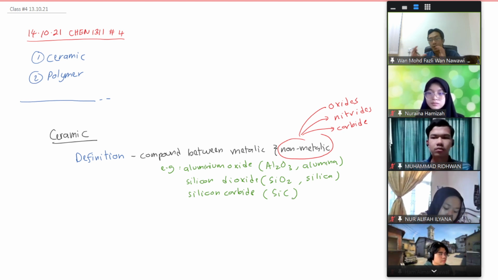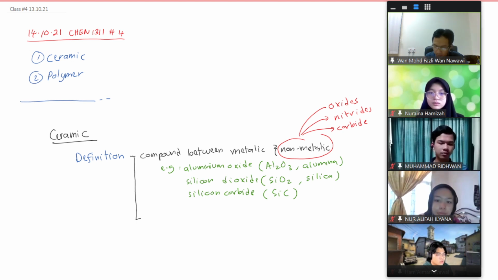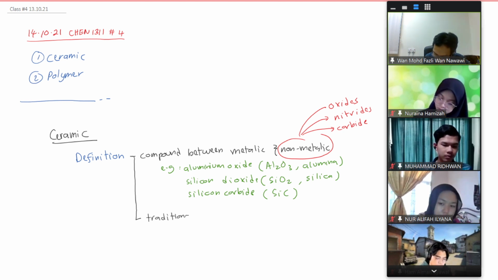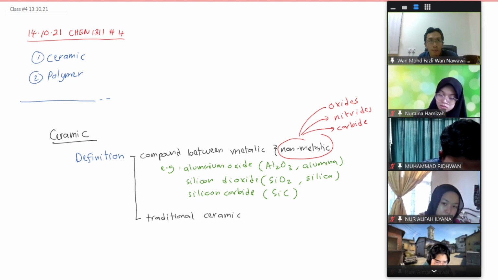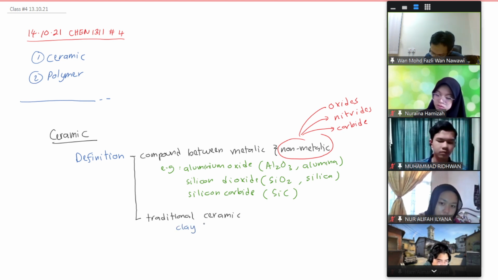So that is one definition of the ceramic, but that's only one. The first one is the compound between metallic and non-metallic, plus what normally people call traditional ceramic. Normally this is when people talk about clay and also the mineral.